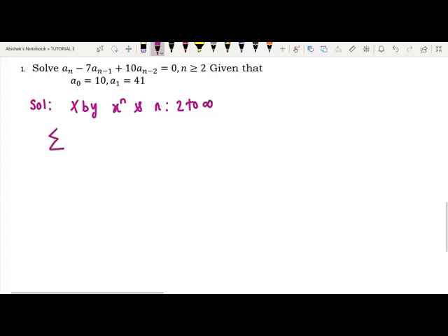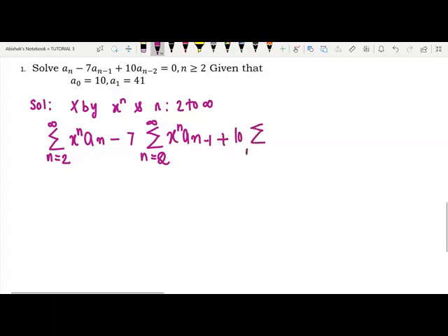So summation of n equals 2 to infinity x power n a n, minus 7 summation of n equals 2 to infinity x power n a n minus 1, plus 10 summation of n equals 2 to infinity x power n a n minus 2 equals 0.